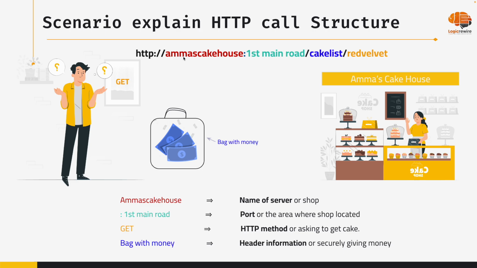What he does is hit this URL, http Amma's Cake House colon, and where it is situated, on first main road. So this is the complete address of the cake house: the name of the cake house, colon, and the address where it is situated, first main road.